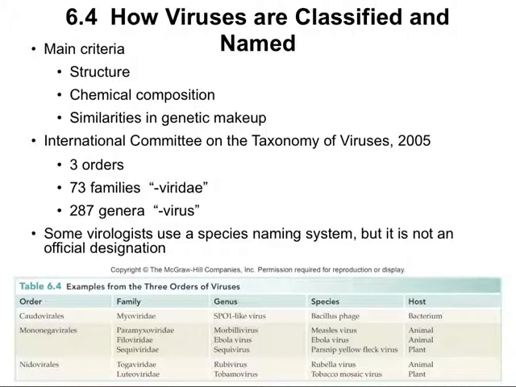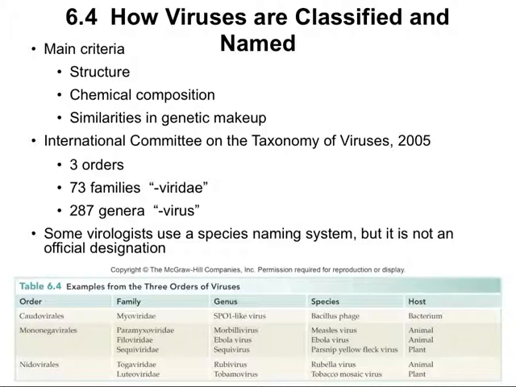The International Committee on Taxonomy of Viruses in 2005 defined 3 orders, 73 families, and 287 genera of viruses, as compared to in 2000 when we only had 1 order. So this field is expanding at a very fast rate.